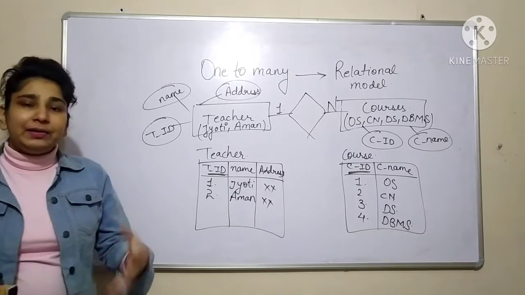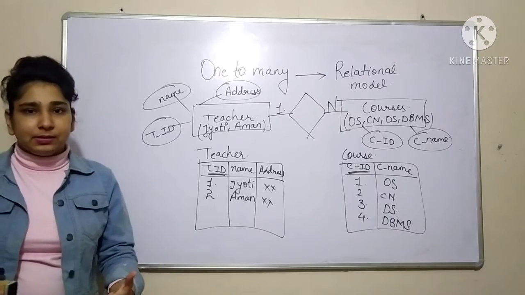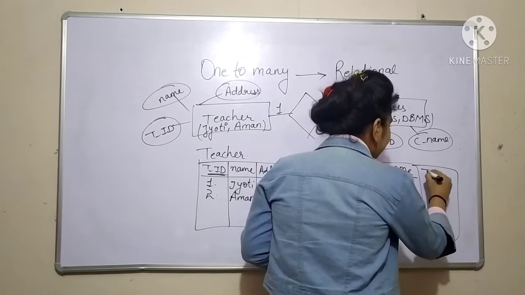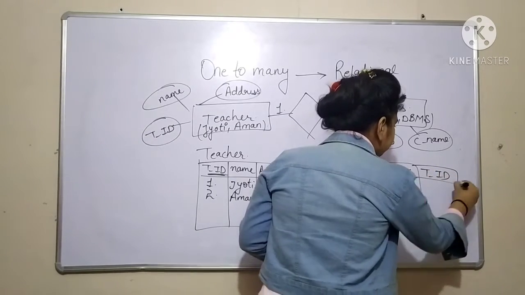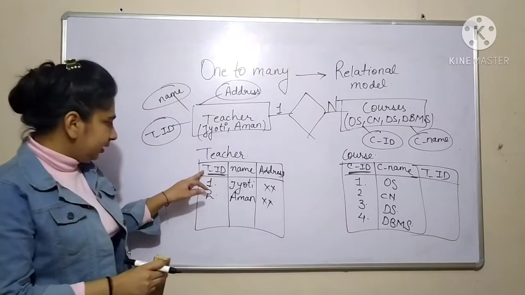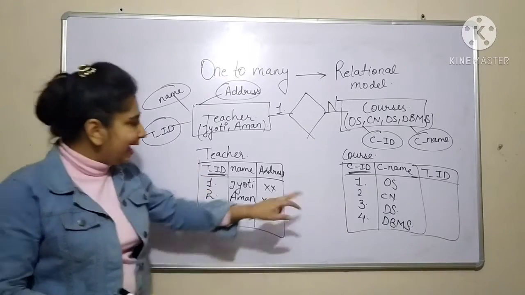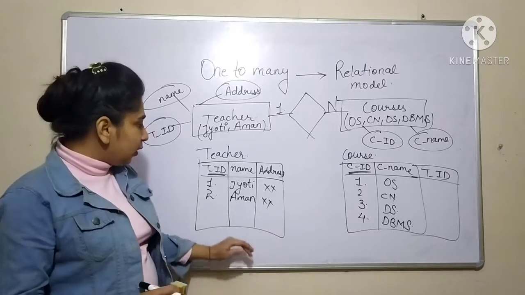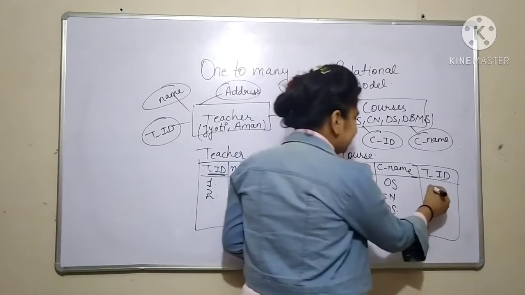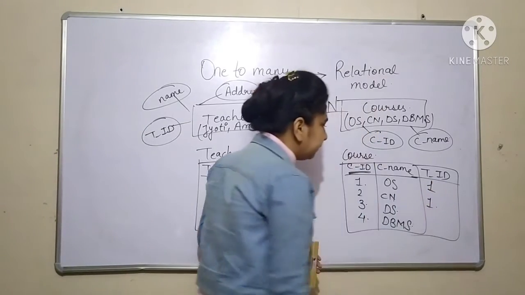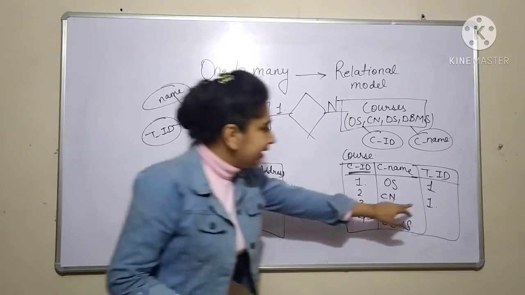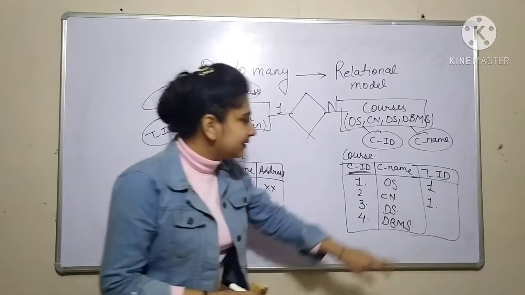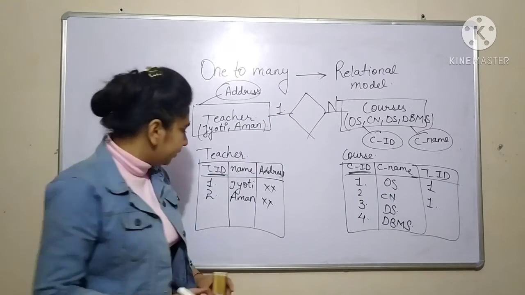So we try both the cases. Firstly, I am using the teacher ID of the teacher table as a common attribute in the course table. Teacher ID 1, Jyoti, is teaching operating system and computer networking.